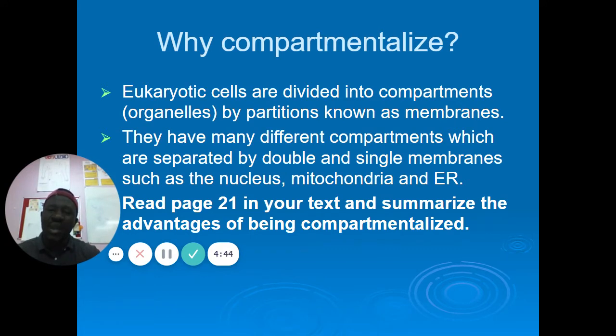Organelles are subcellular structures that have specific functions within that cell. So when we ask you to define what an organelle is, they are subcellular structures that have specific functions they serve within that cell.